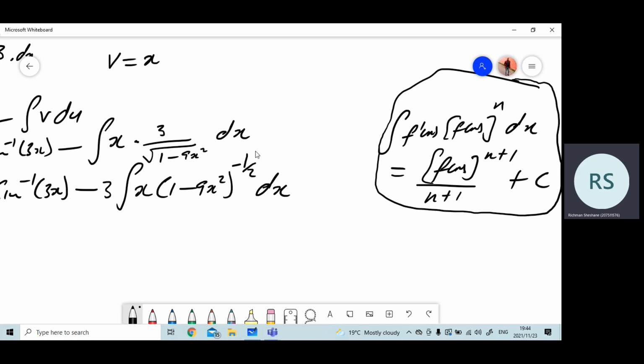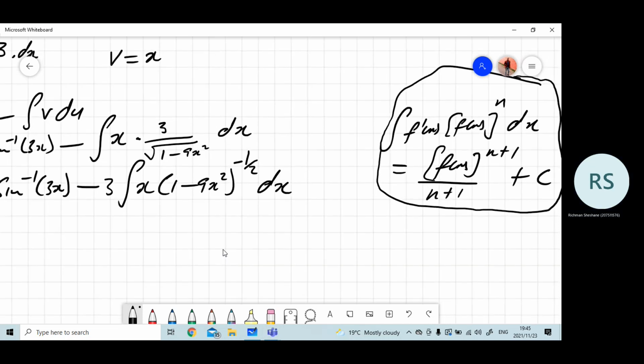Okay. So you see we have something that is to the power of n, but we are able to use this formula if this function has its derivative outside there. So you always need to check the inner function f of x to see if it has f prime. Okay, right? So I want to check if I can use this integral formula.